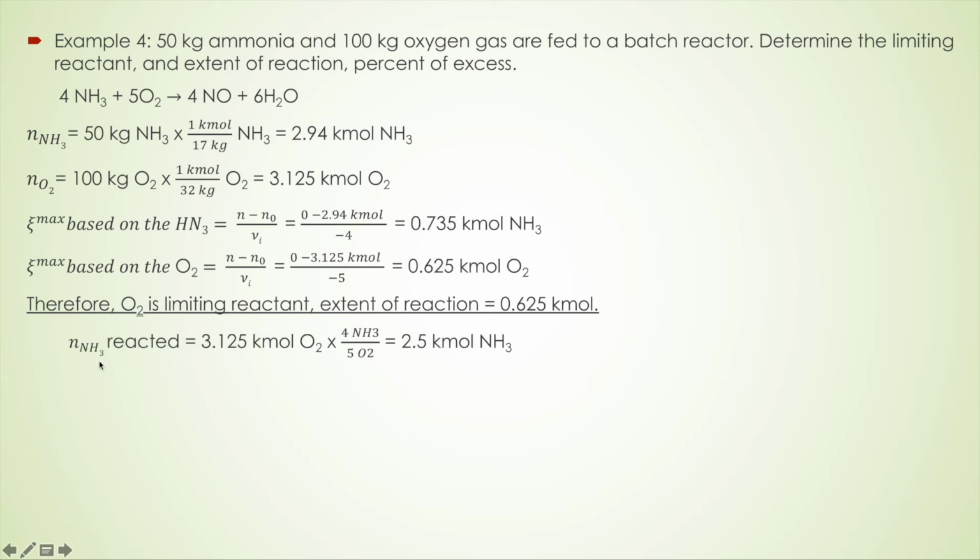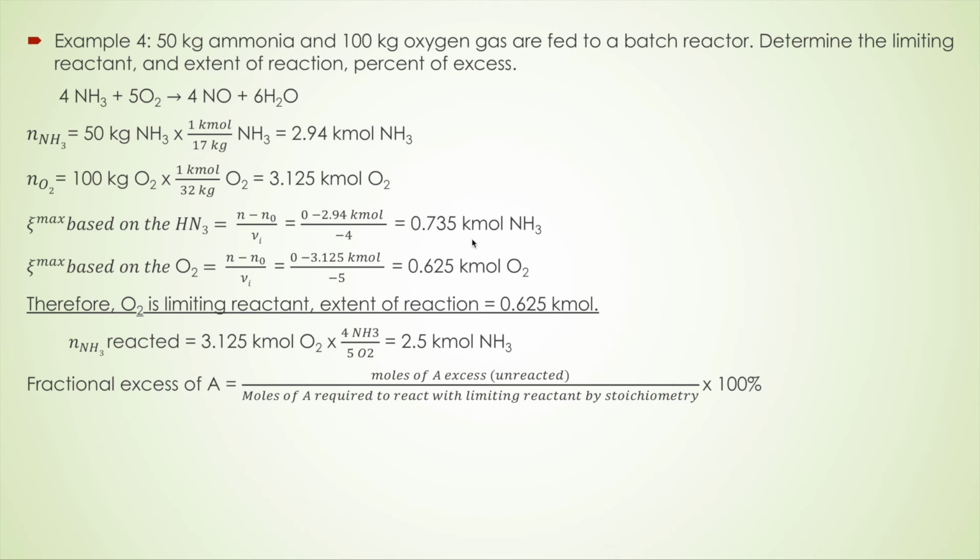And the mole number of ammonia reacted is based on the limiting reactant, given 3.125 kilomole oxygen, because we say oxygen is the limiting reactant. Then for every 5 mole oxygen, there is 4 mole ammonia reacted. So based on the coefficients of the reaction, we can find the moles of ammonia reacted. Therefore, the ammonia reacted is 2.5 kilomole.